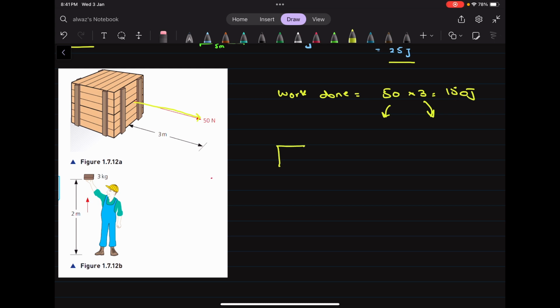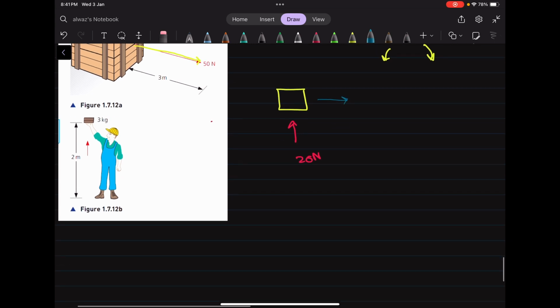So if for example we have a box like this, and a force of maybe 20 newtons is being applied here, and the box moves towards the right, like originally it was here, and the after position of the box is here.